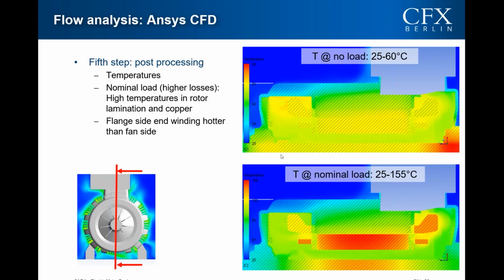And we can see that the flange side end winding on the right side here is much hotter than on the left side where the fan is sitting. The reason is that the bypass flow we have seen just a moment ago flows through the end winding and provides some cooling.